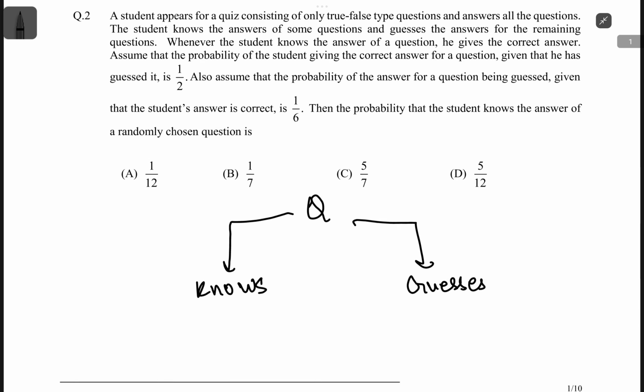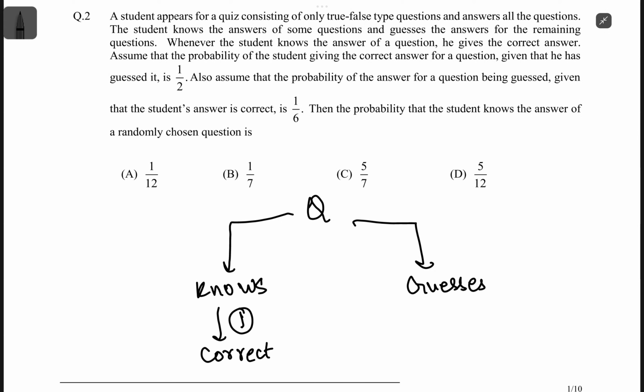So when he knows the answer, the probability of being correct is 1, right? And okay, so we have not been given anything about how much probability it is when he guesses.